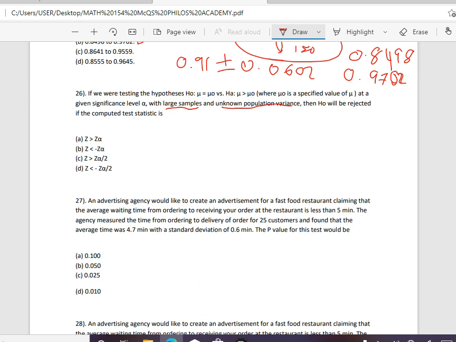Then H0 will be rejected if the computed test statistic is, since the sample is large, you are testing for this if it's greater than.